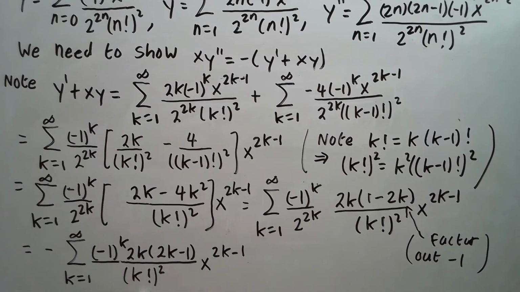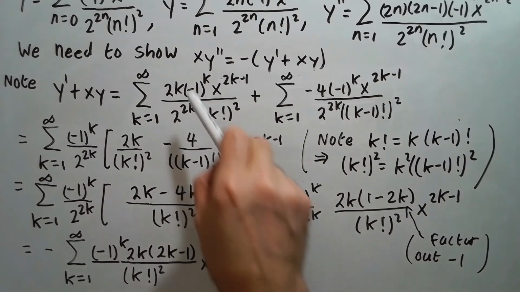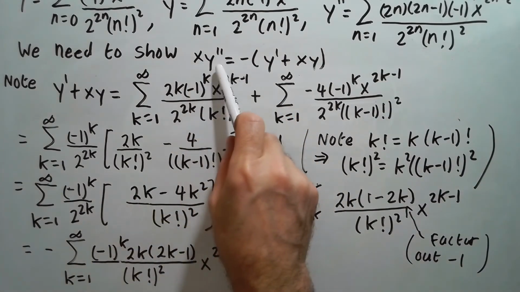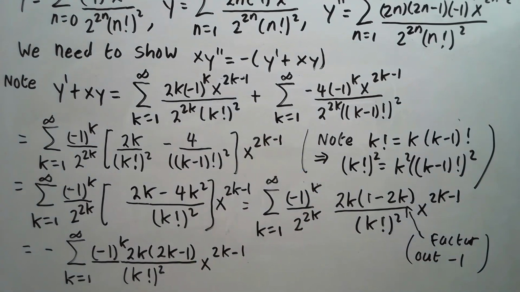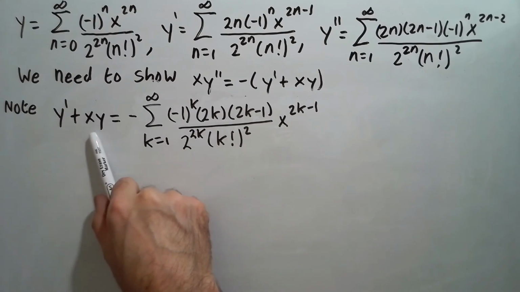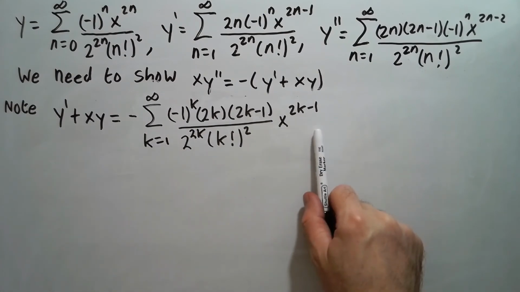Okay, we want to show then that this equals, actually it's going to equal negative x times y double prime. We'll show in a second. So let's just summarize what we have. So summarizing, we've shown that y prime plus xy equals this power series over here.